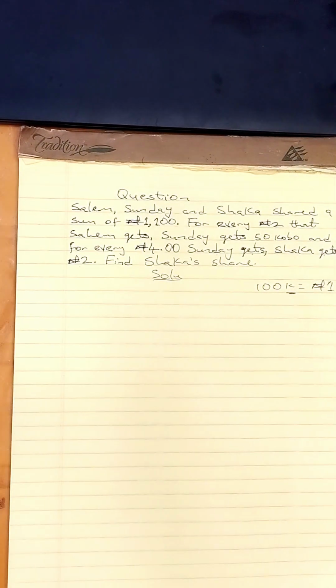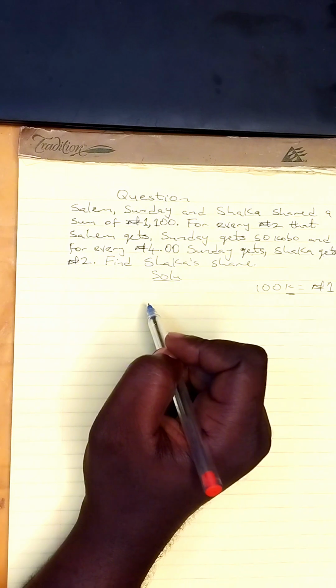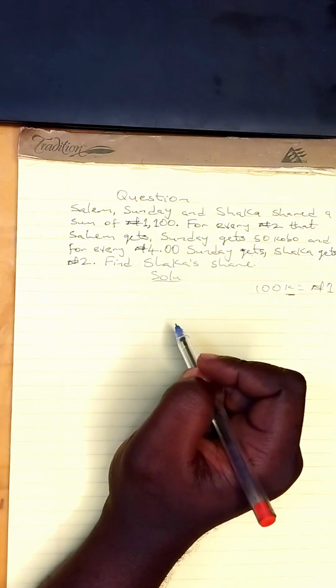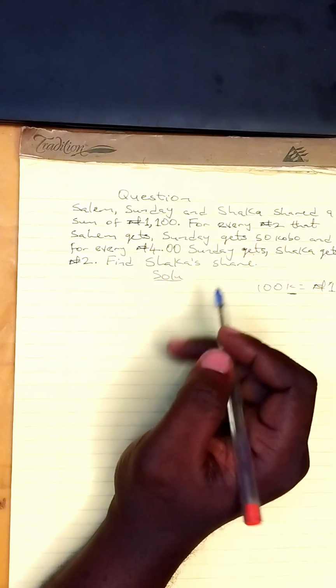So the next thing now, we'll be substituting each of their shares, or what we might want to call their ratio, by a letter.